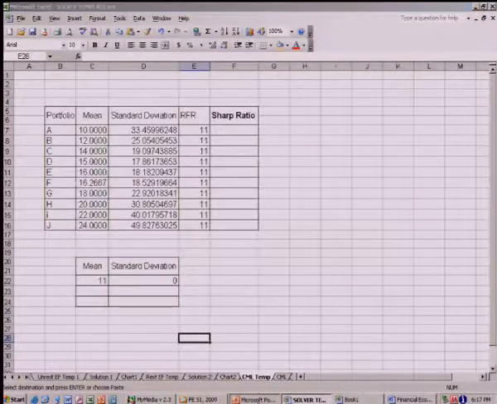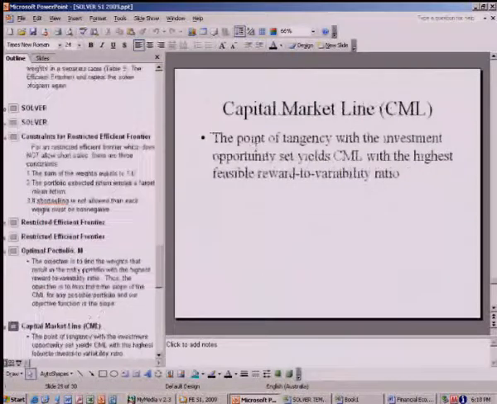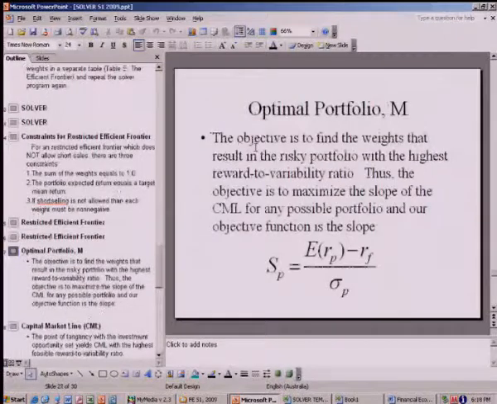And the next set of calculations that you will need to do, once you have constructed your efficient frontier, the question is where on this efficient frontier is the best portfolio, the one that is going to give you the highest possible reward to variability ratio.